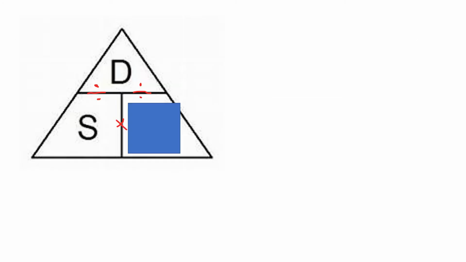So finally, let's have a look at how we can use distance and speed to calculate time. So again, I've covered up the measure that I want to find with my blue square so that I can see how I can use these other two measures to calculate time. So I can see from my triangle that time is distance divided by speed, which makes sense because say I'm travelling 60 miles and I'm travelling at 10 miles an hour.